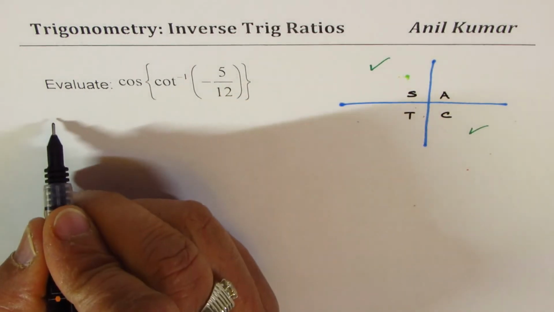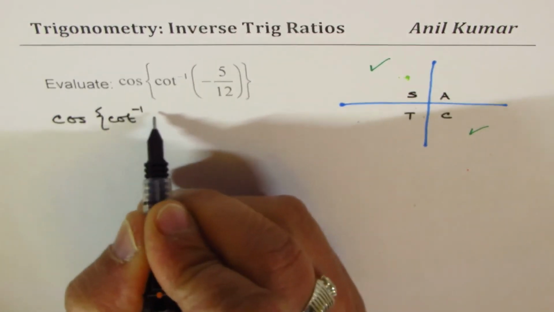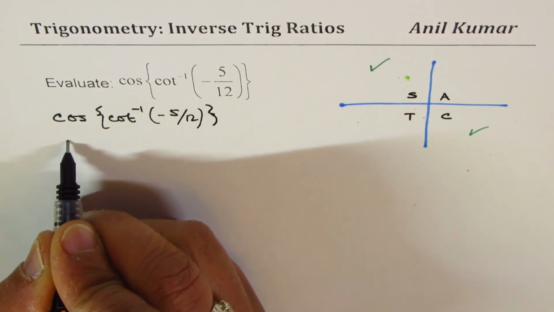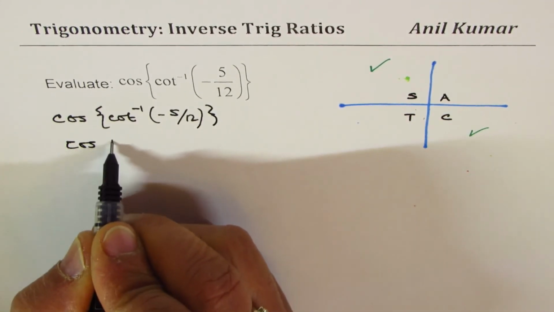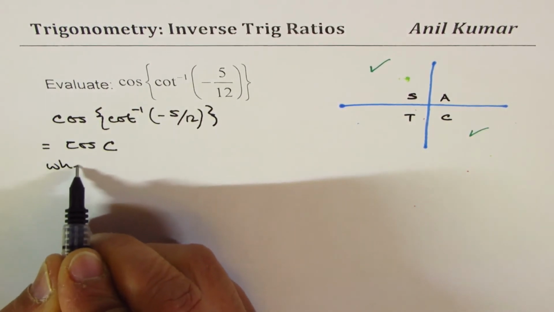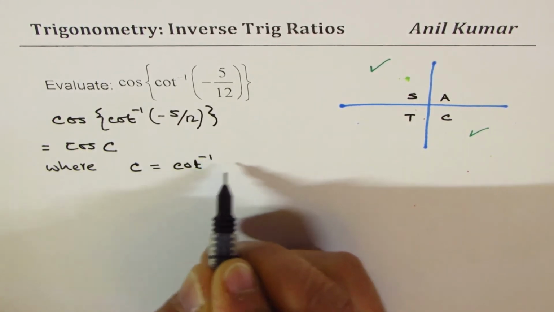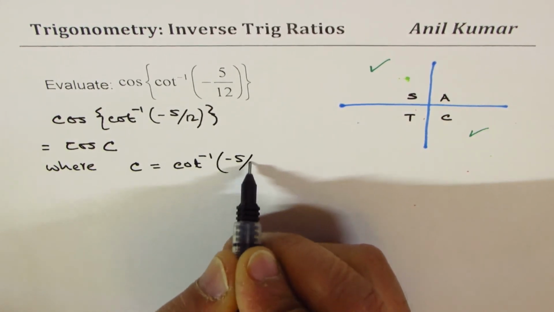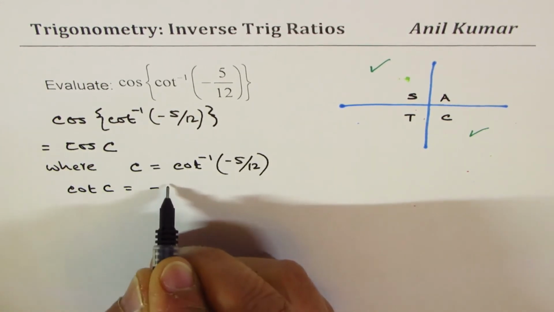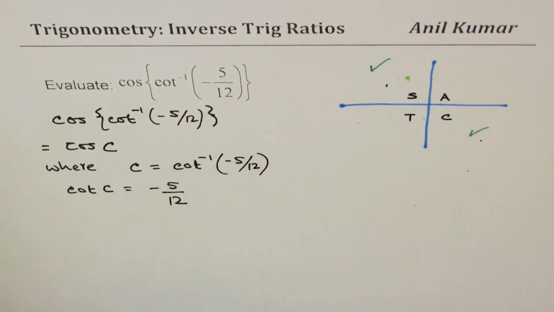So let me write cos of cot inverse minus 5 over 12 as cos of, let's say C, where C is equal to cot inverse minus 5 over 12. So that means cot C is minus 5 over 12.